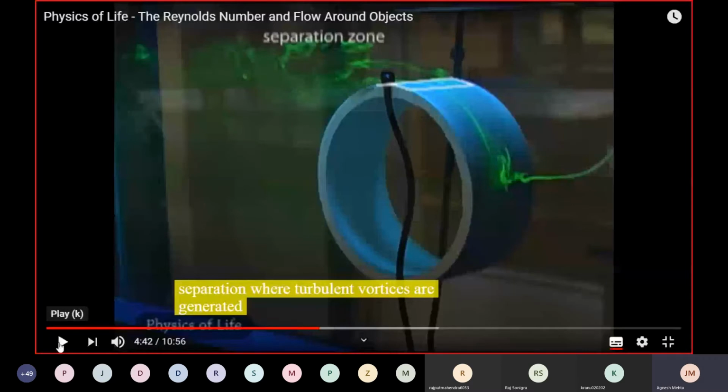This dye is bright green, or yellow-green in color.